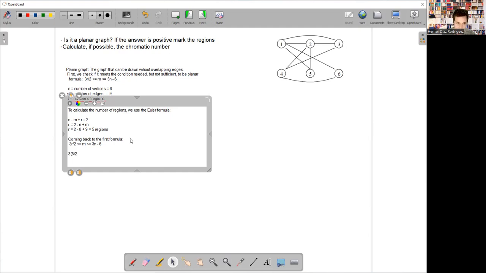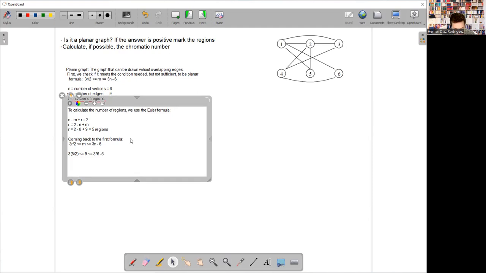R is 5, 3 times 5 divided by 2, less equals m, which is 9, less equals 3 by 6 minus 6, right?